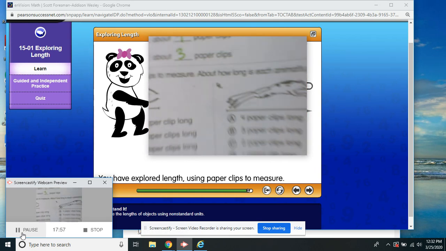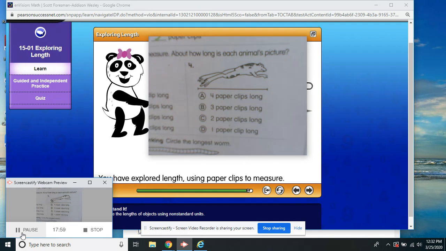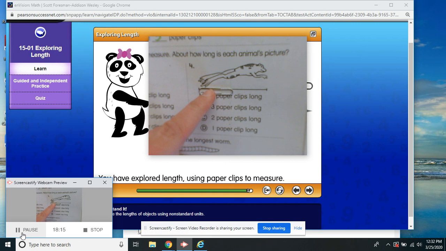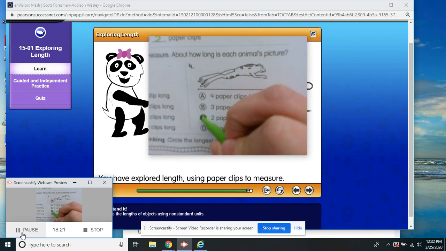All right, let's do number 4. Mr. Bullfrog over here. Before using your paper clip, how many paper clips long do you think this frog is? 1, 2, 3? All right, here's my paper clip. It is 1, 2. 2 paper clips long.